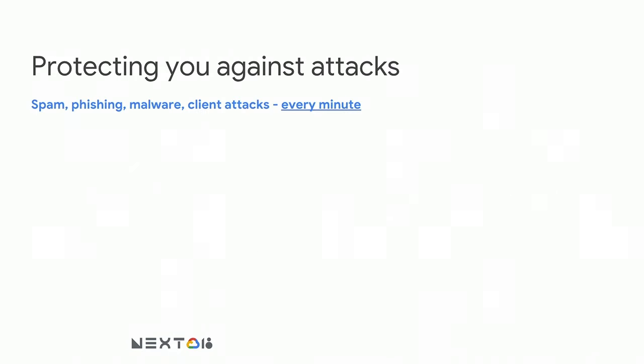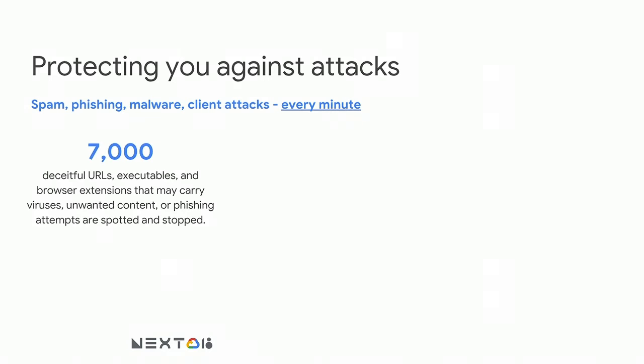The good news is that as a G Suite user, we're helping you to be protected from attacks. And so Google uses its advanced machine learning tools and scale and sophistication to help you. So we're going to give you a little bit of some stats on what's happening across Google every minute to protect your companies.